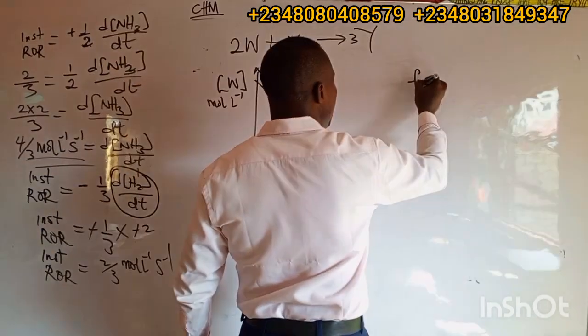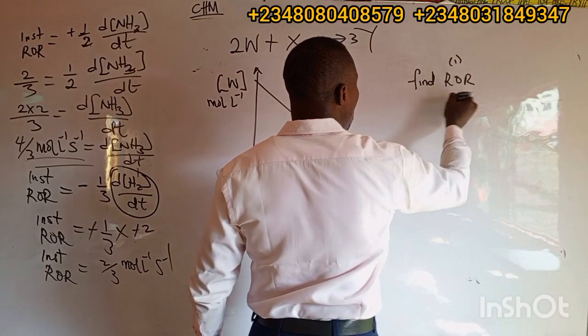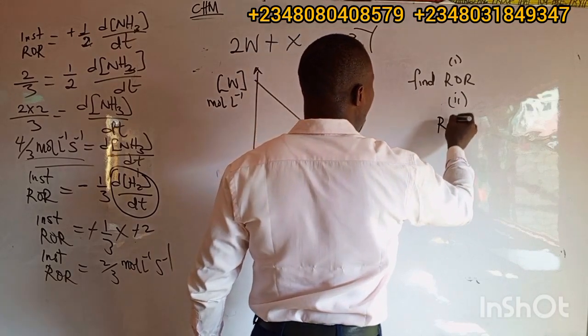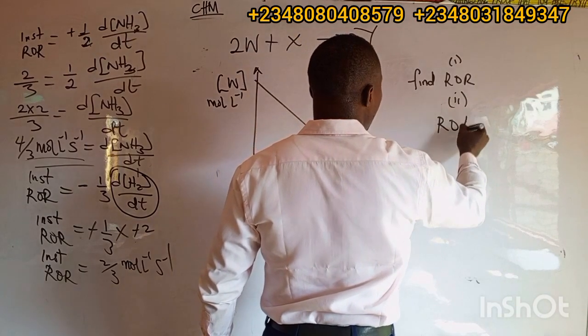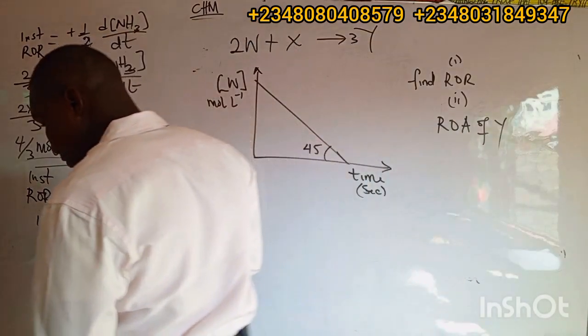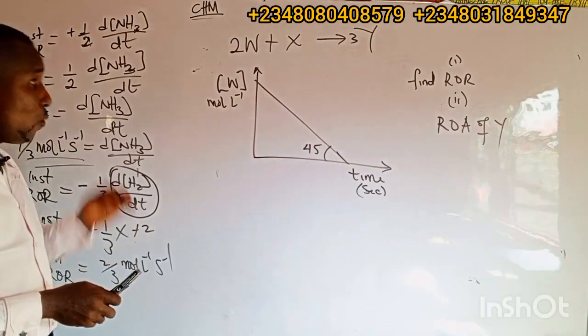Find the rate of reaction, that's the first one. Second one, find the rate of appearance of Y. Find rate of appearance of Y.